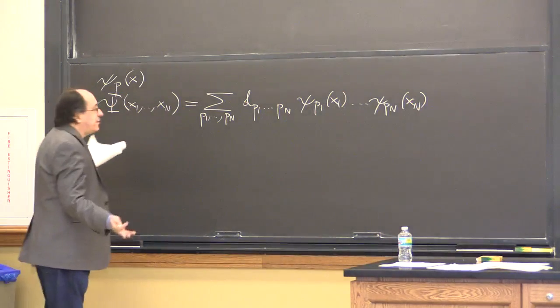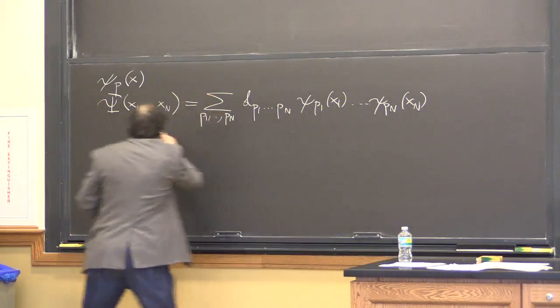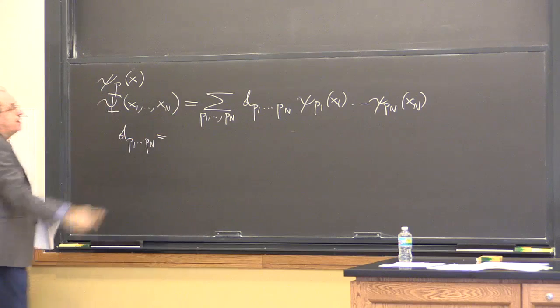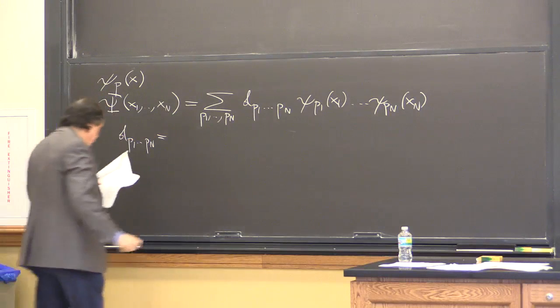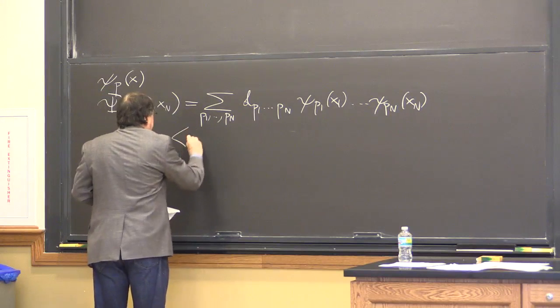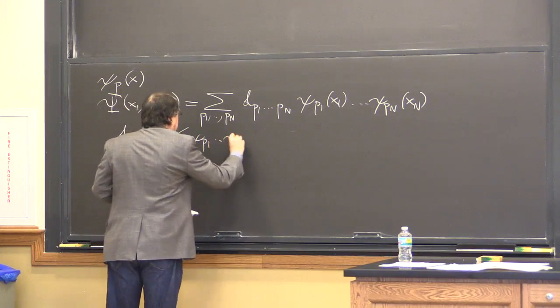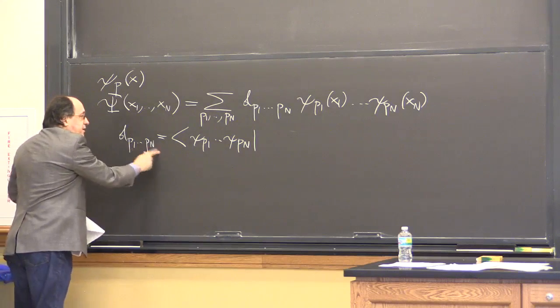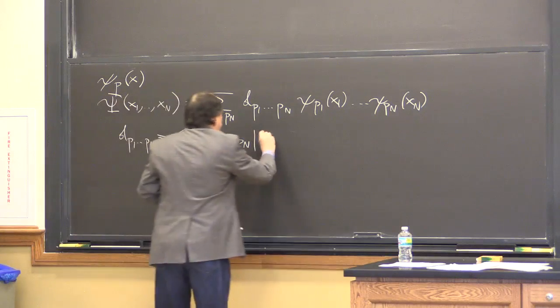Clearly, this is something I can always do, and these coefficients d here, from the fact that our single particle states are orthonormal by our assumption, can be computed by forming an inner product of our single particle states with indices that correspond to what you see here with our wave function.